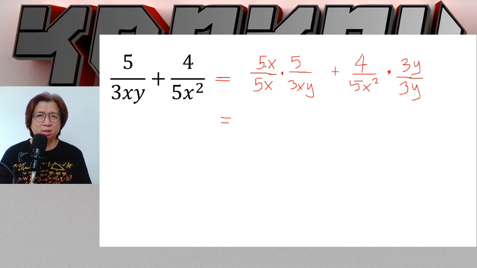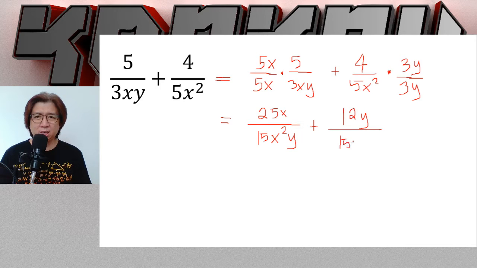Okay, so we have 5x times 5 is 25x all over 15x squared y. So we have plus 4 times 3 is 12y all over 15x squared y.